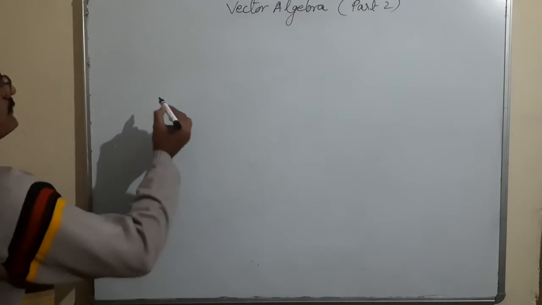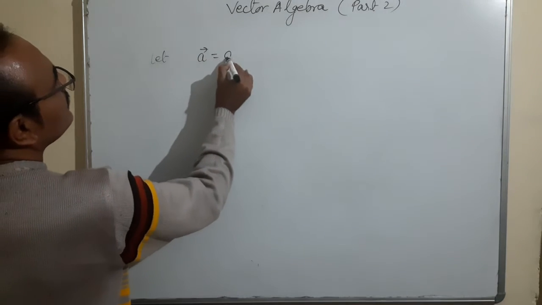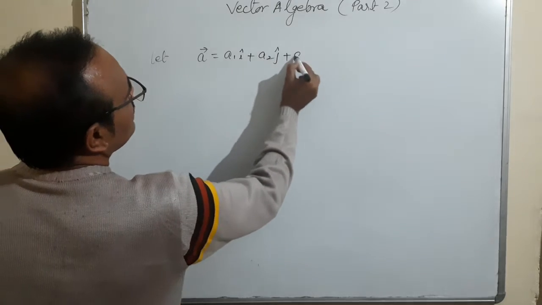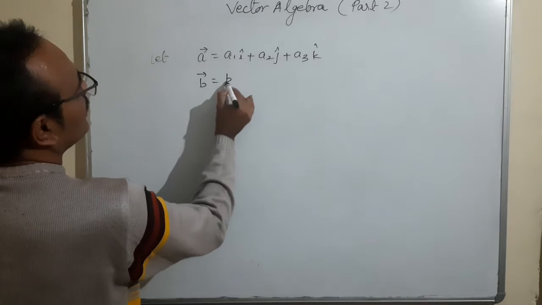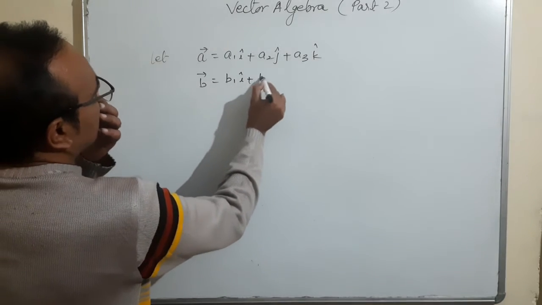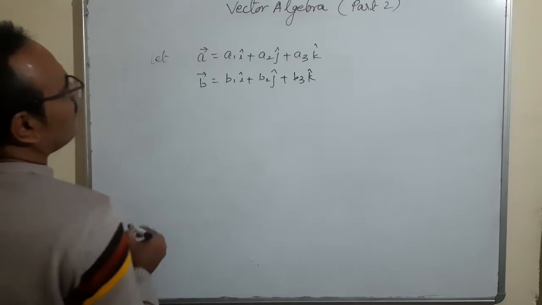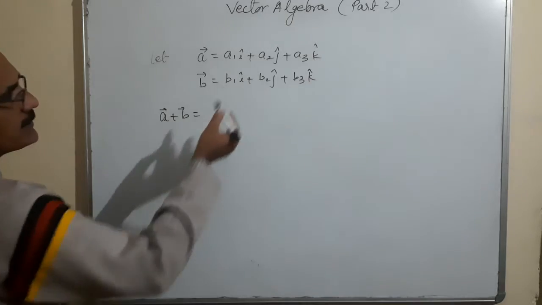So let vector A be equal to A1I plus A2J plus A3K. Vector B is equal to B1I plus B2J plus B3K. Okay. When we are going to add them, vector A plus vector B, addition is done in the simple way.